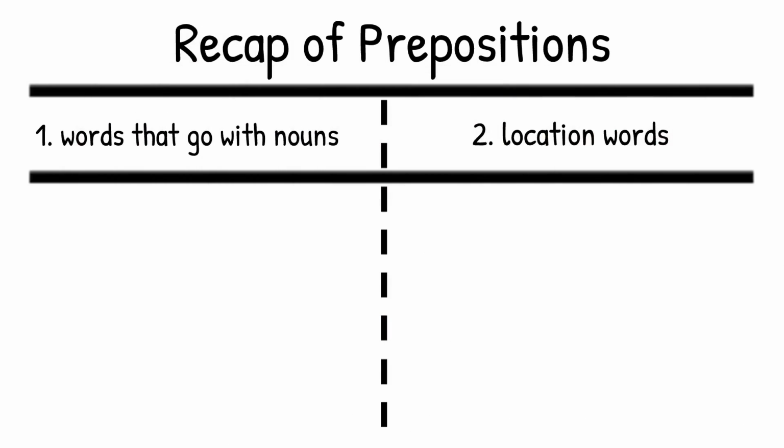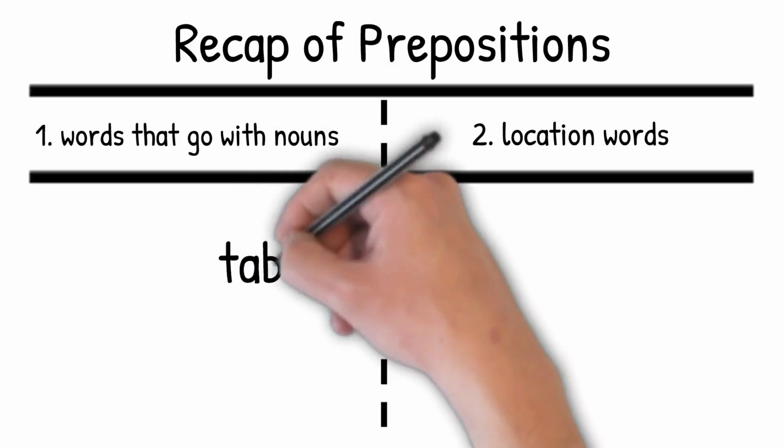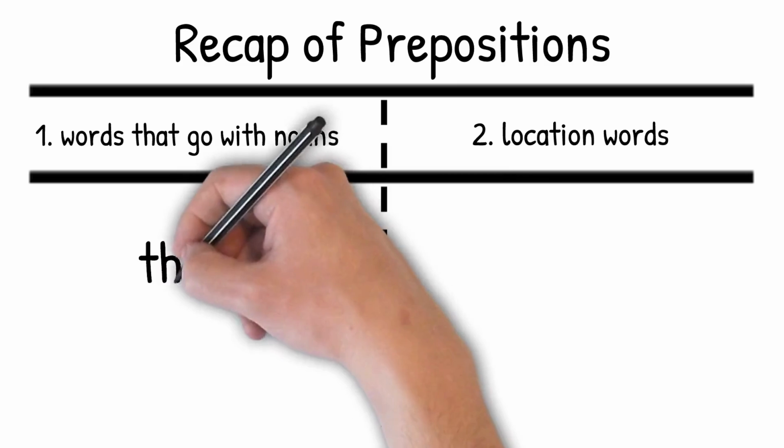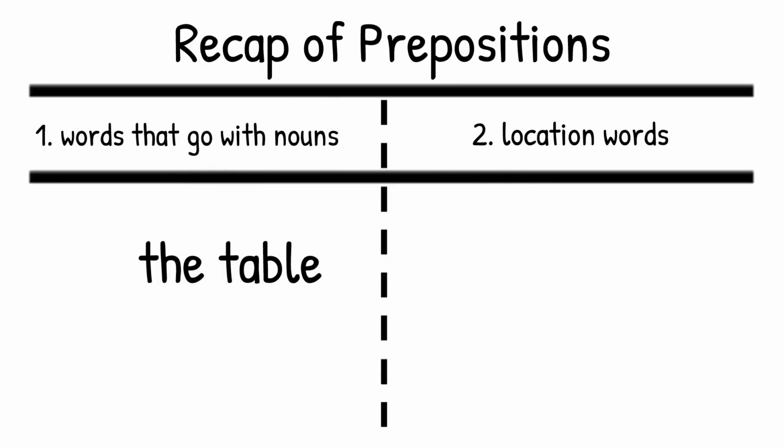The most basic way to think about prepositions is as words that go with nouns. You can have all types of nouns, objects, things, people, for example, table, and in particular, the table you're talking about. But there are lots of different words we can add to that little phrase, the table, like on, to help specify why we're talking about the table.